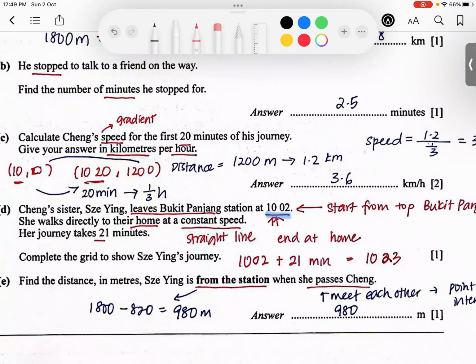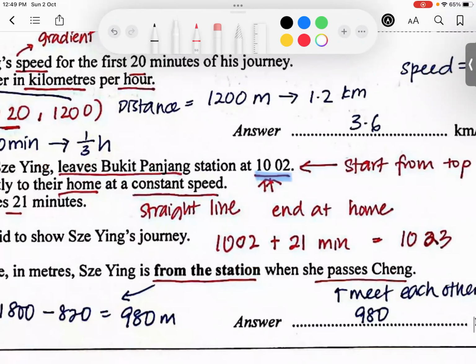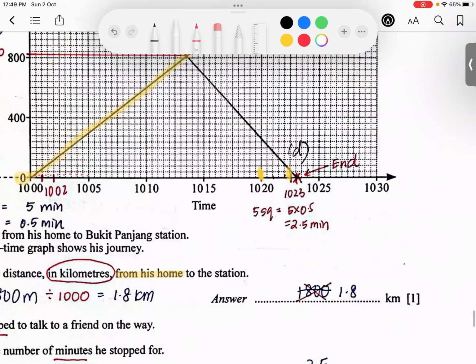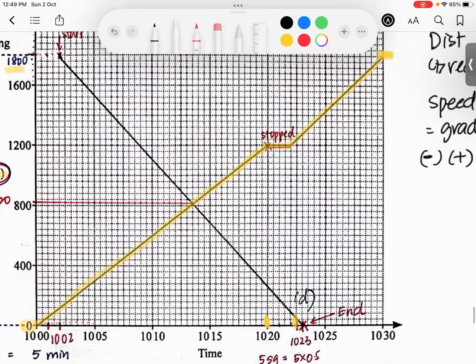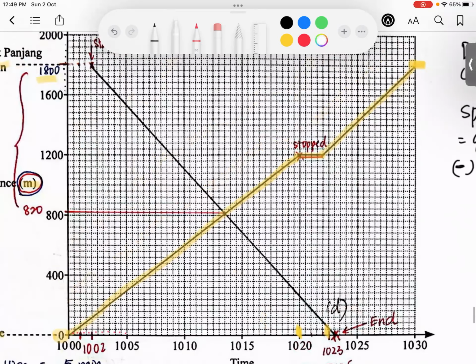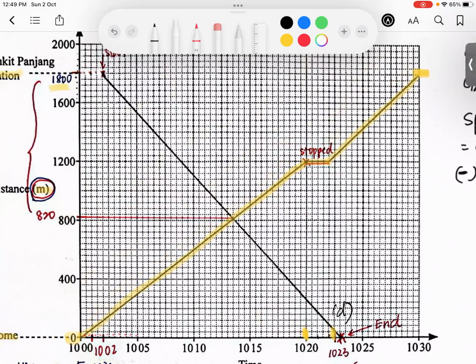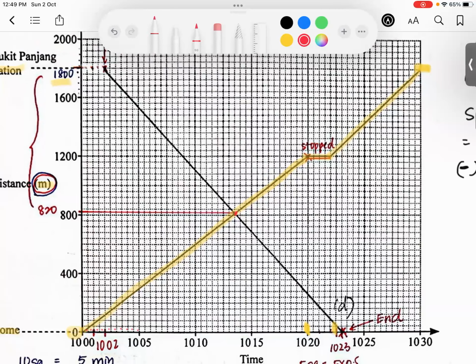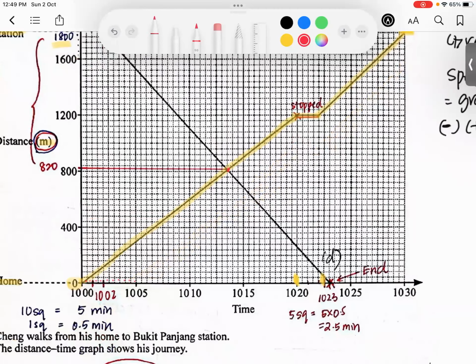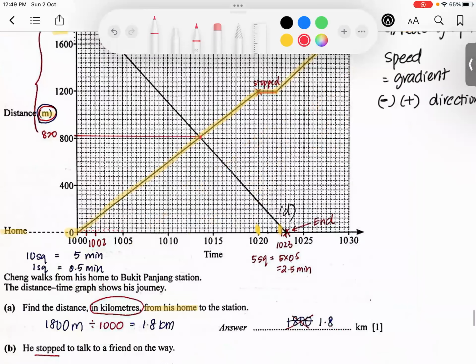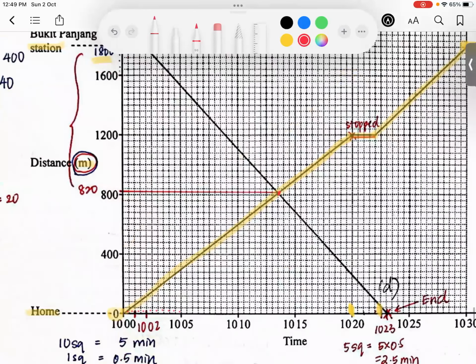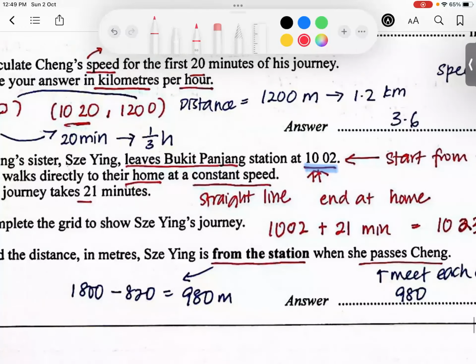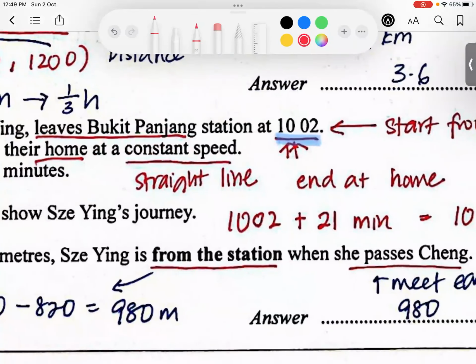Next one, find the distance in meters that Ziying is from the station when she passes Cheng. When she passes Cheng means the two of them meet each other, so you look for the point of intersection. The point of intersection is down here. But they don't want the timing, they want the distance. If I read the distance, this one is about 820, but the question says find the distance from the station.